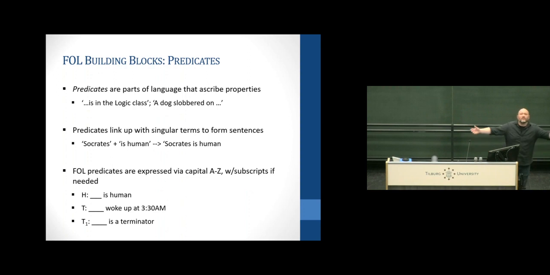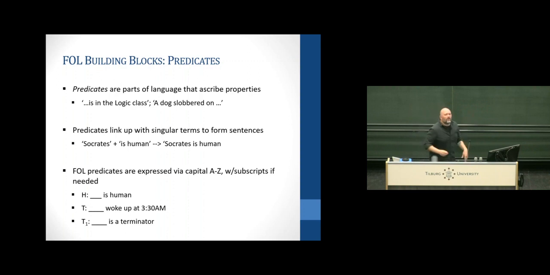So, is in the logic class, a dog slobbered on, is from Greece, likes anime, whatever. Those expressions are incomplete, right? They don't express a sentence by themselves. You need to fill in a term. He likes anime. She is from Greece.